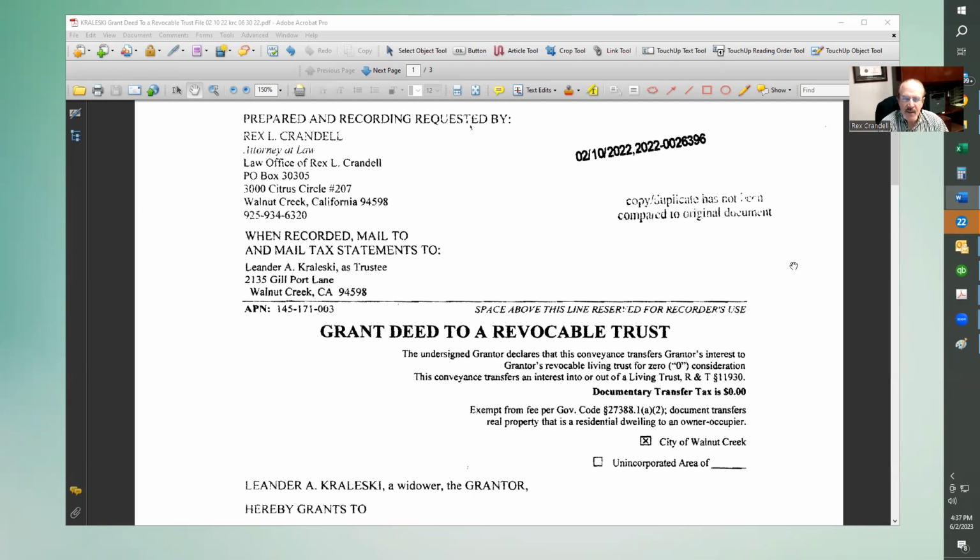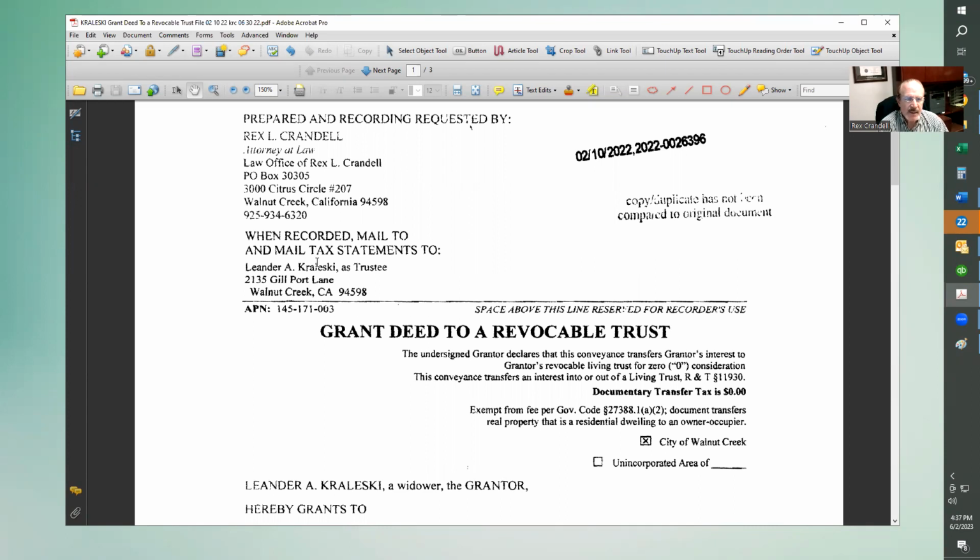This section of the form needs to be left blank for the county to stamp when they record the deed for public record. And if you want to put who's requesting the recording, you can put it here. This is where the deed is going to get mailed back to after the county gets done recording it for the public record.